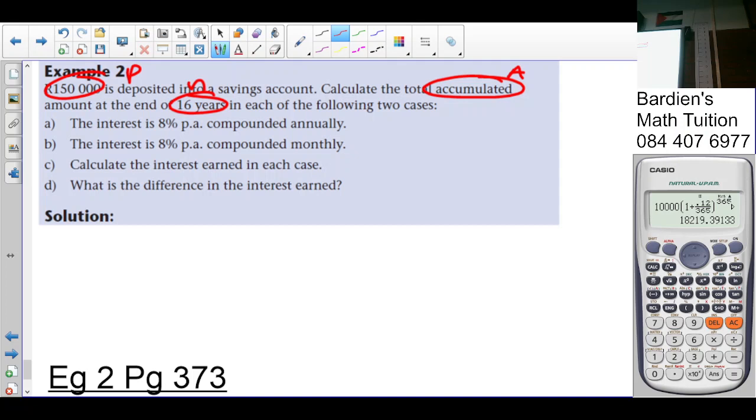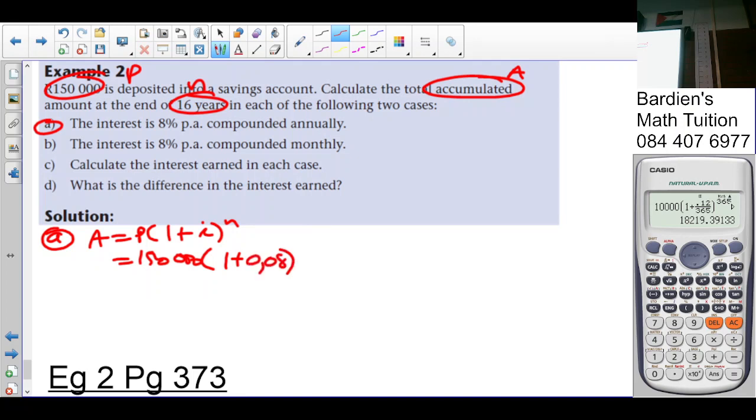Okay? So in A, what's the formula? A is equal to P into 1 plus I to the exponent N. Not so? So what's my P value? 150,000 rand into 1 plus 0,08 to the exponent 16.